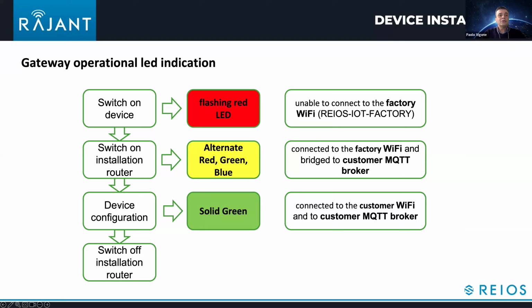In the next session, we will go into detail on the configuration interface using the web manager, but just to follow this flow chart, let's suppose that after the device configuration, the device receives via MQTT the new configuration, the configuration of that specific customer, and so turns the LED to solid green.